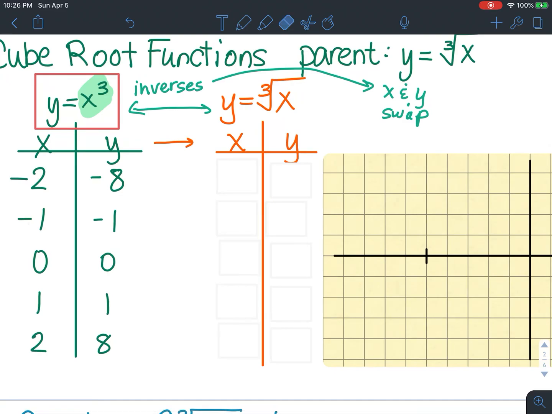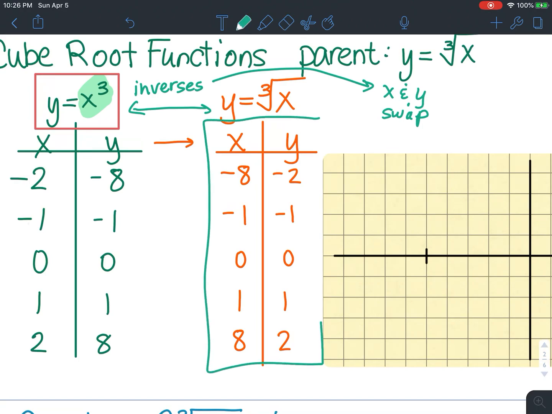So all of my x values here are going to become my y values over on the inverse. And all of my y values on the original will be my x values on the inverse. Okay, so these are your parent graph values.